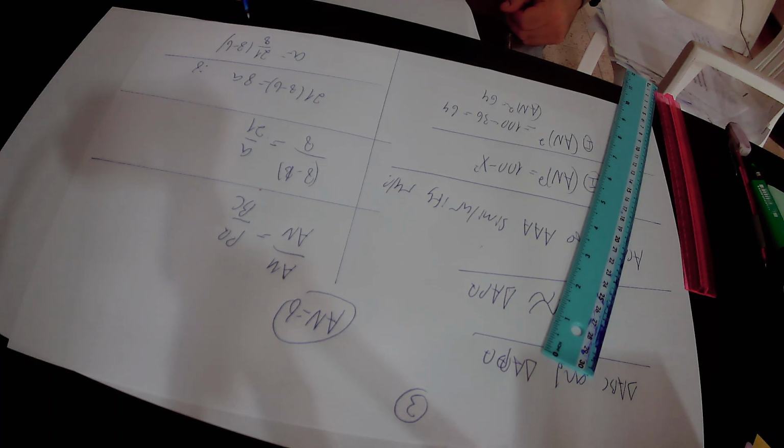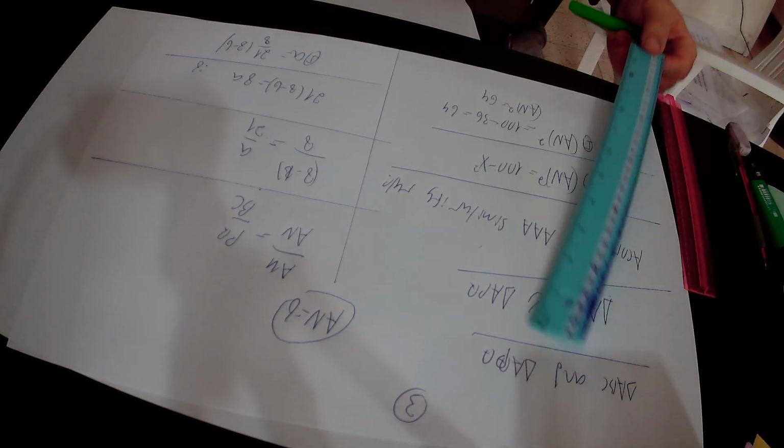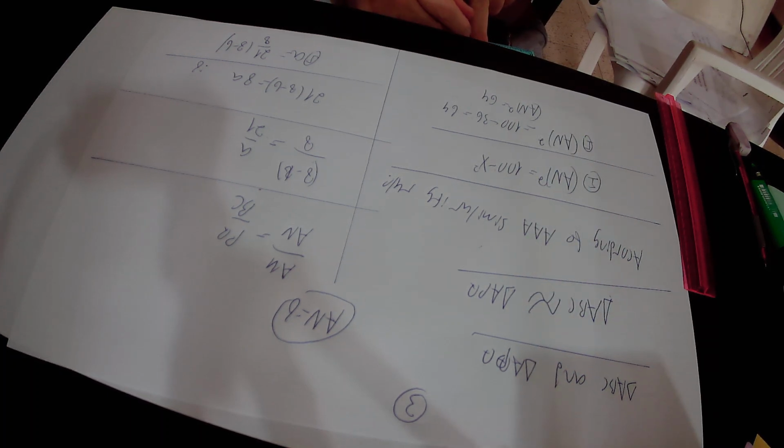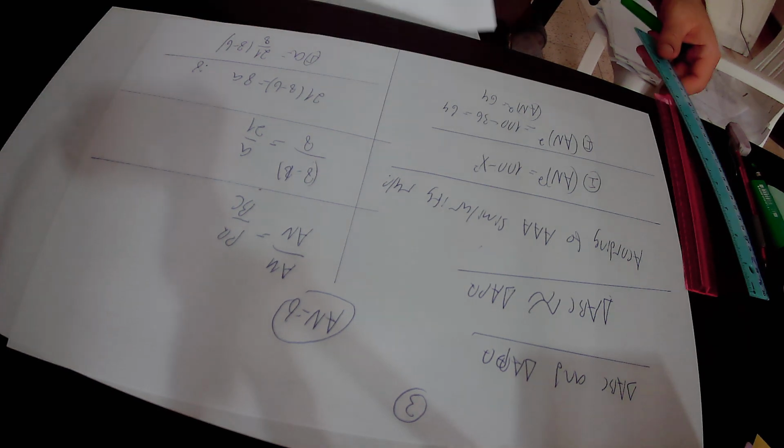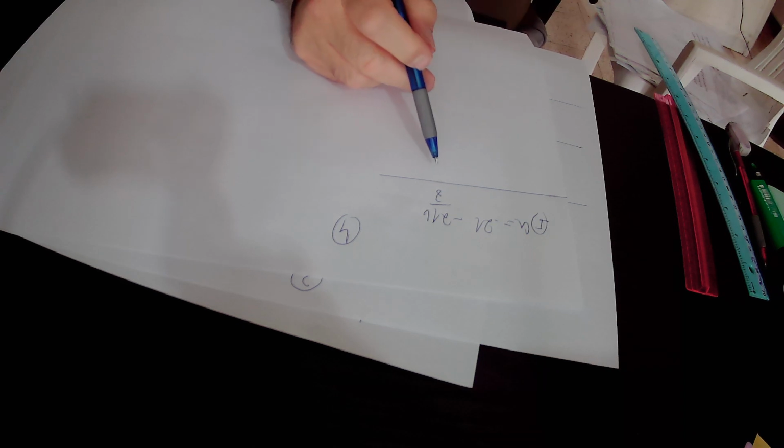And here we have 21 times minus B is minus 21B over 8. So in conclusion, according to equation 1, A equals 21 minus 21B over 8.